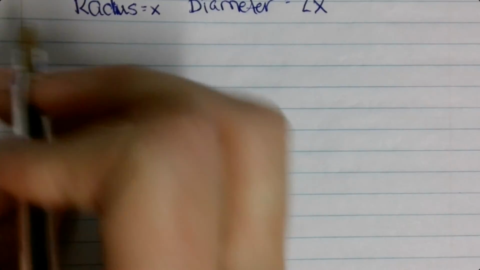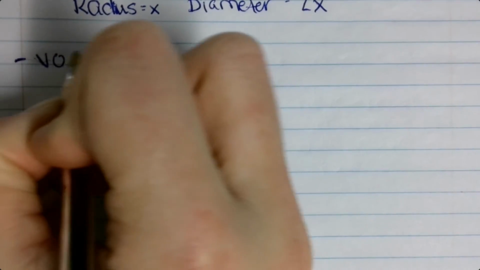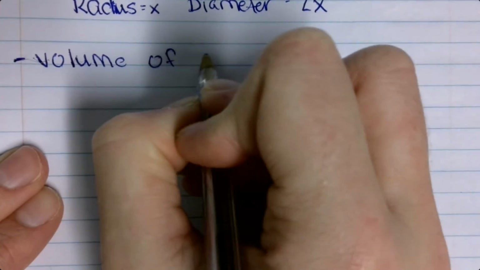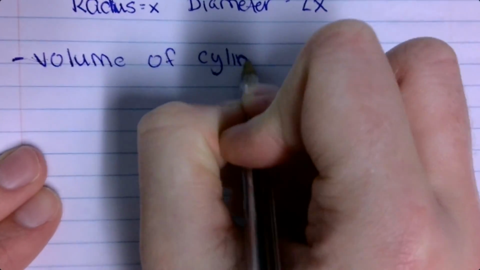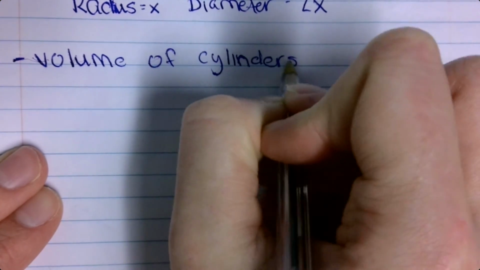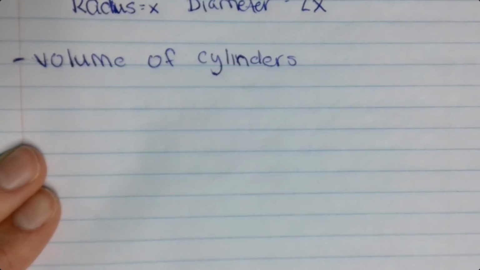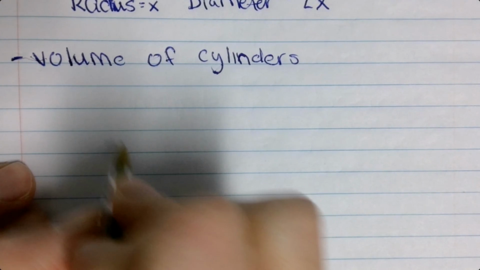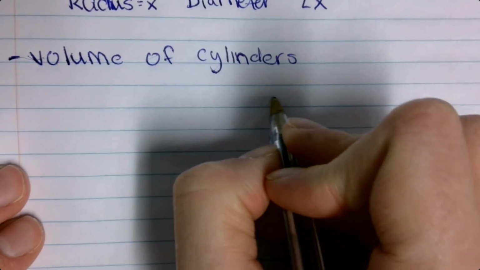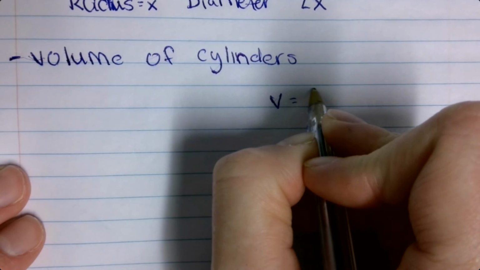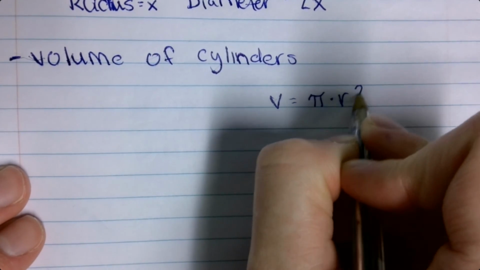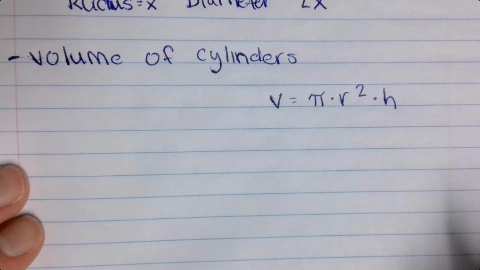So I want to give you a formula to start off with. This is going to be a review, hopefully. This is going to be volume of cylinders. Your teacher probably last year would tell you that a cylinder's volume is pi times radius squared times h.